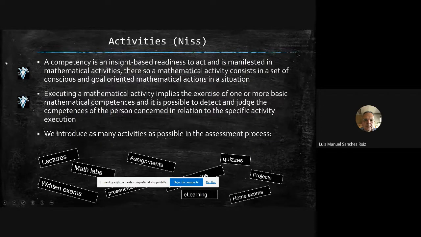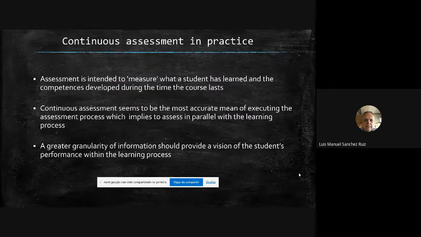Usually you do more than lectures and written exams. That is the traditional thing. But I suppose that some of you will also use math labs like Derive, Mathematica, or MATLAB, or some of this software. You can also place assignments, put some 1-minute quizzes. We can do some homework assignments. So there are many possibilities. The idea is that you need to do activities to reach mathematical competencies.